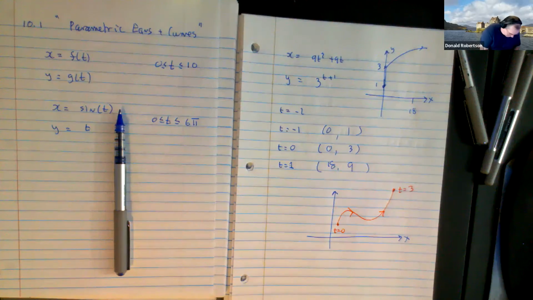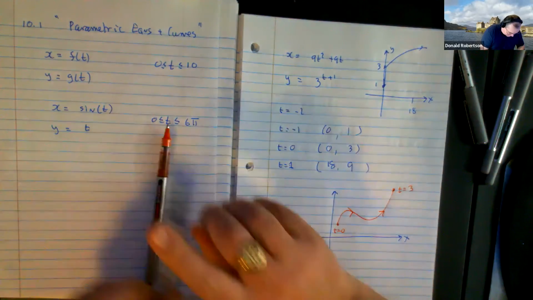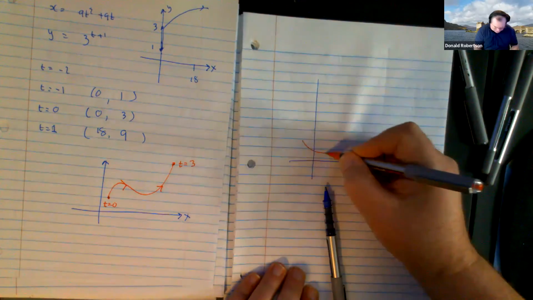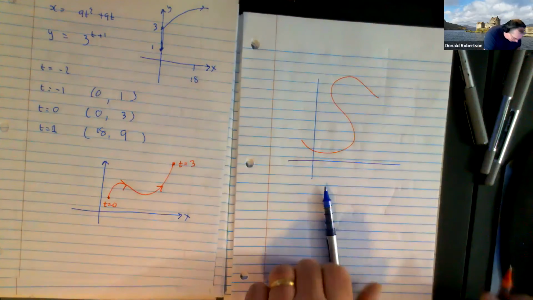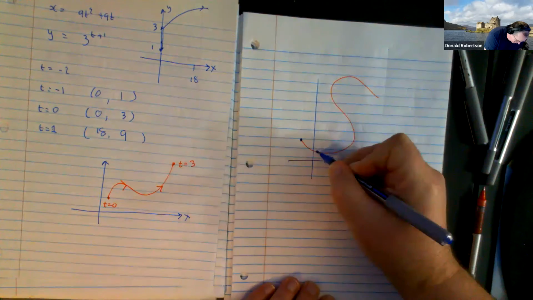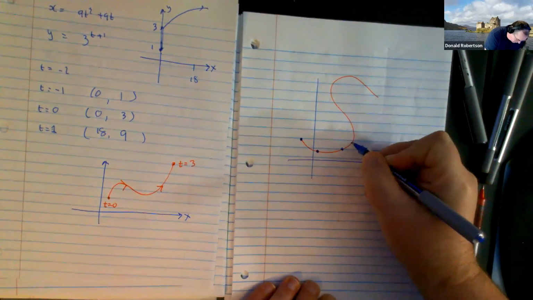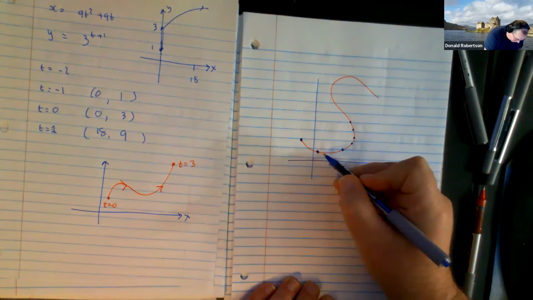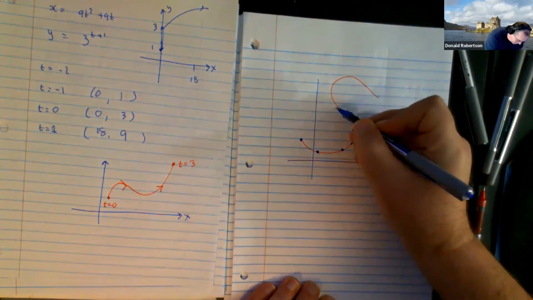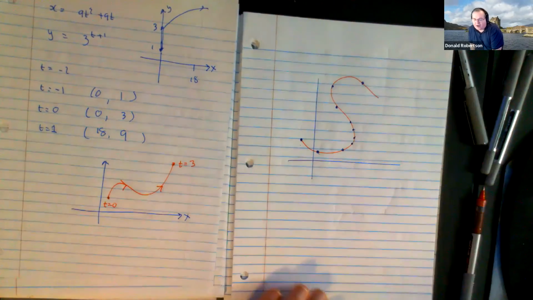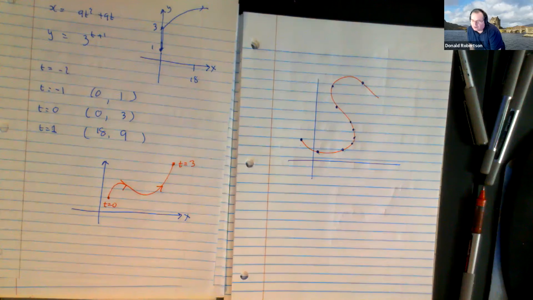So if I had a parametric curve that looked, let's say, like this, and I put in a dot at each second, meaning t equals 1, t equals 2, t equals 3, 4, 5, 6, 7, don't you also get an idea of how fast or how slow it's traveling along that curve?